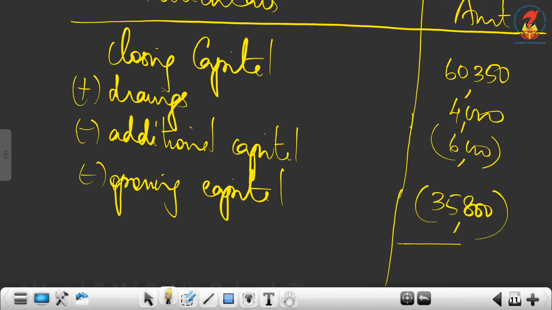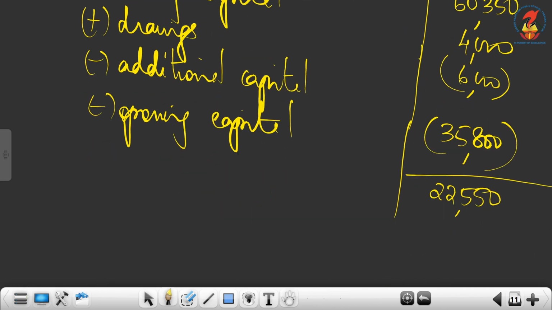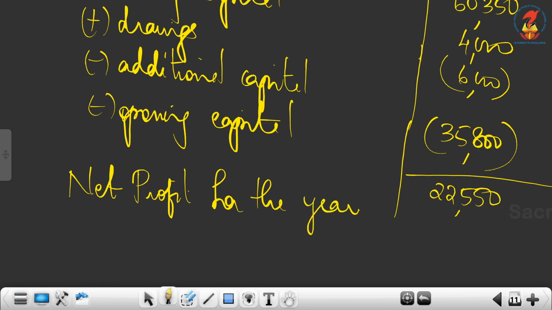So finally you have to see whether it is net profit or net loss. Here it is a net profit, that is 22,550. If it is negative, you write net loss. So this is net profit for the year.